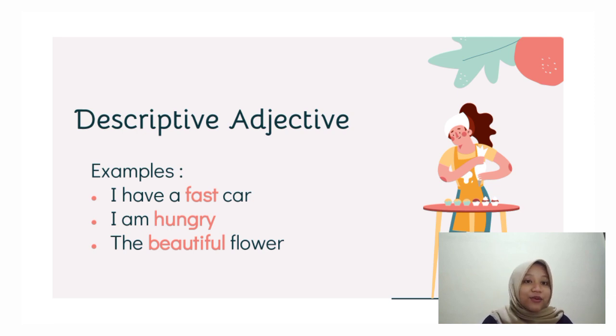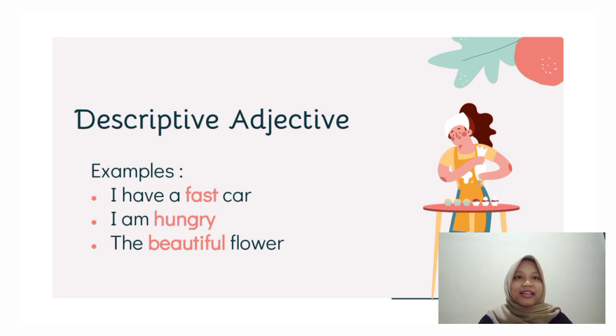And here we have three sentence examples of descriptive adjectives. The first is, I have a fast car. The word fast here is describing an attribute of the car.